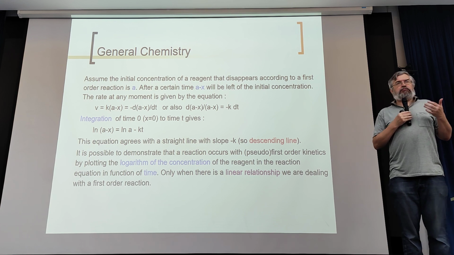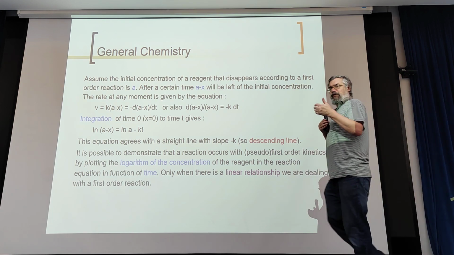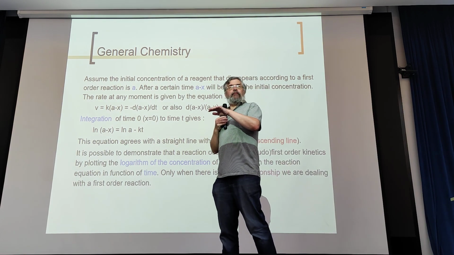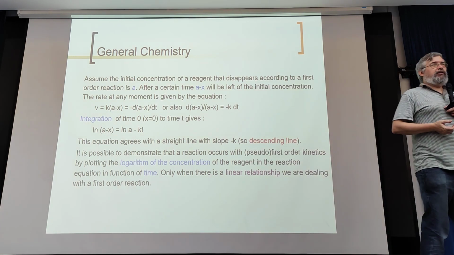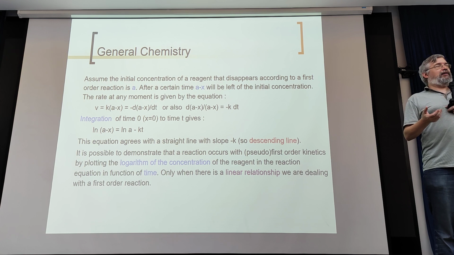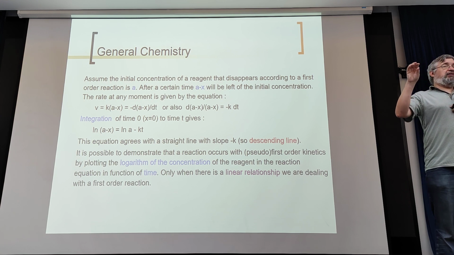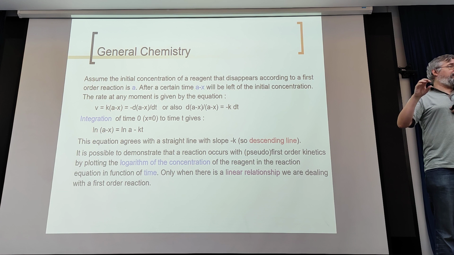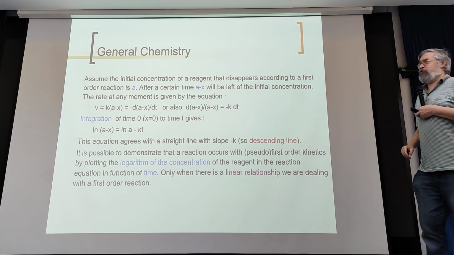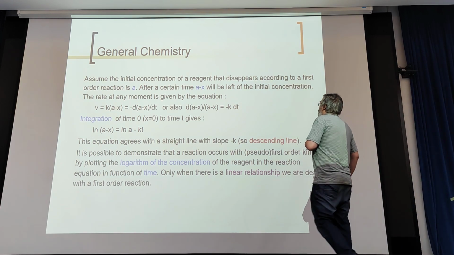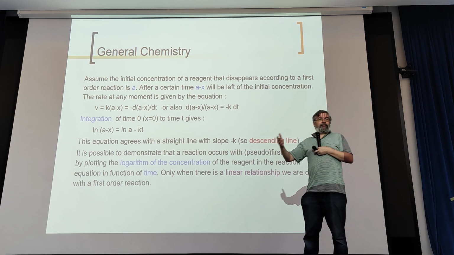Then the reaction is going to evolve in time, and we will have a concentration which is different from A. It's going to be A, and there's going to be something subtracted from it. We don't know exactly; it's a function, so let's call it X. So the concentration is lower than A, it is A minus X. That's what is left of the initial concentration at any moment in time.